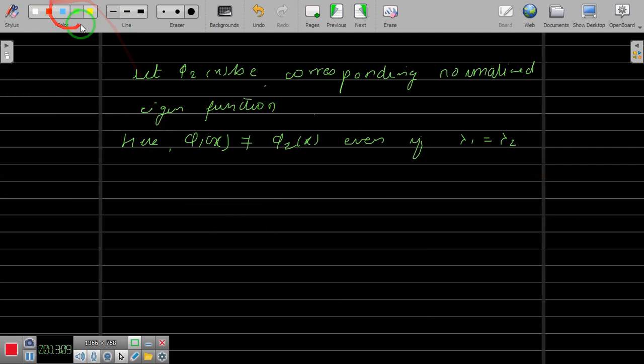Okay, let's do that. We will show that phi 1 cannot be the eigenfunction for this k2.